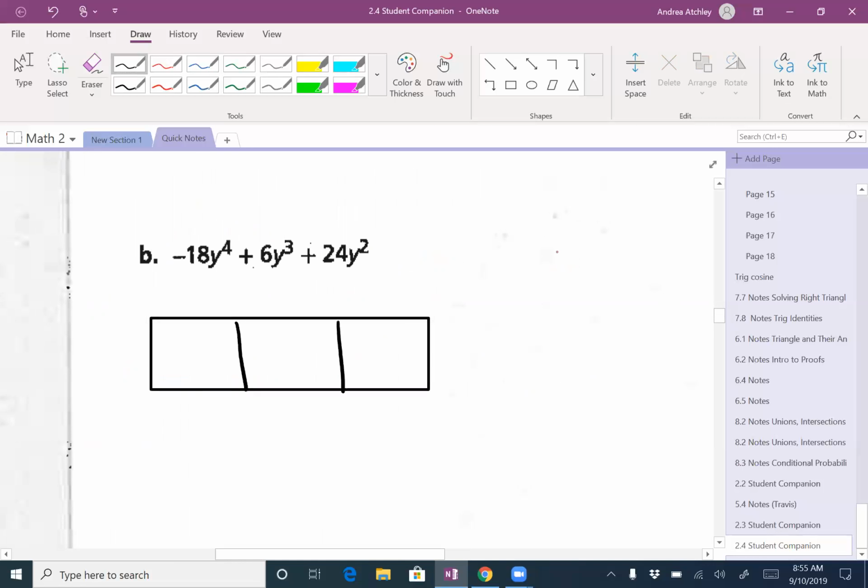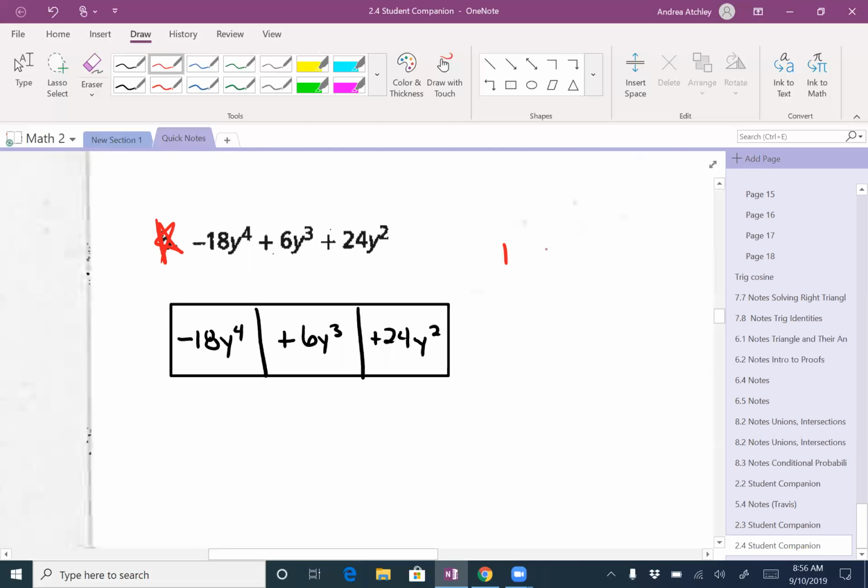So I have negative 18y to the 4th plus 6y cubed plus 24. So remember what to do with this. It's a little special.